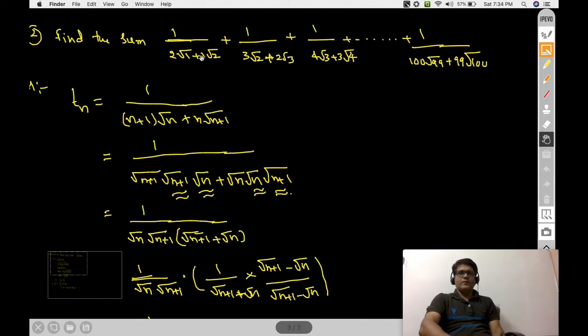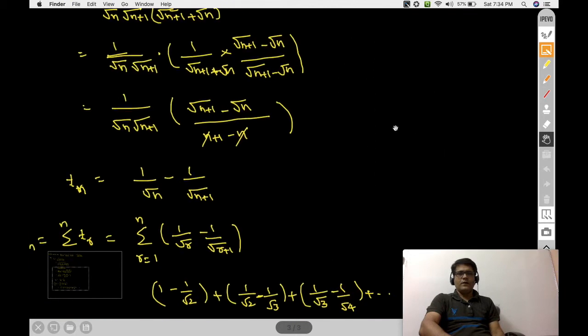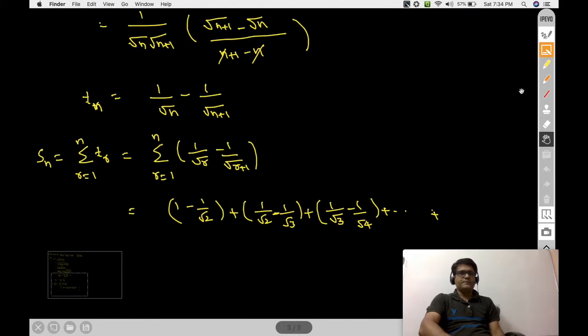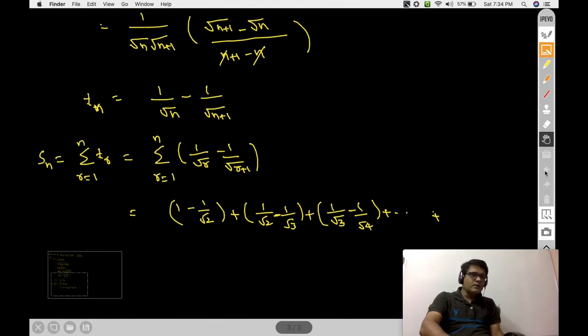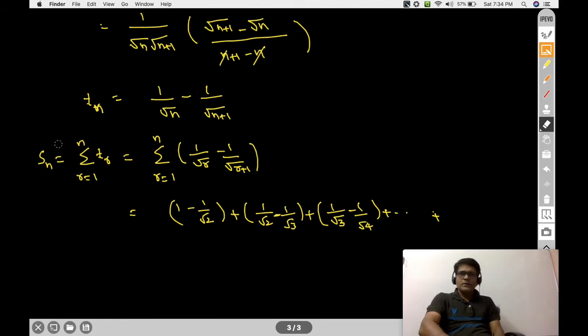So r varies from 1 to 99. If r is equal to 99, that is 1 by root 99 minus 1 by root 100.